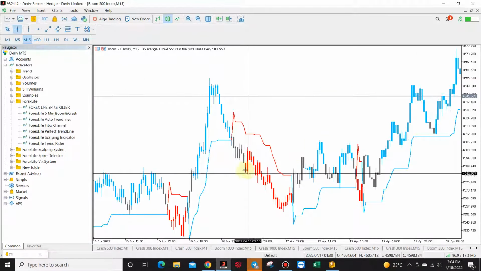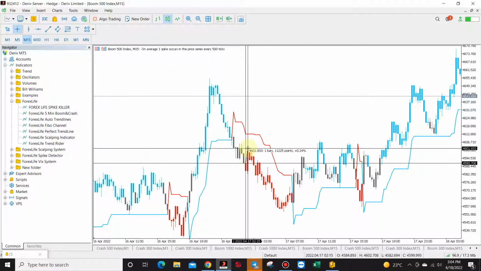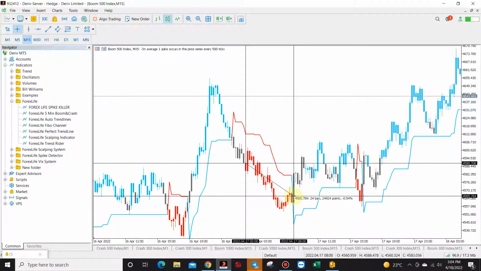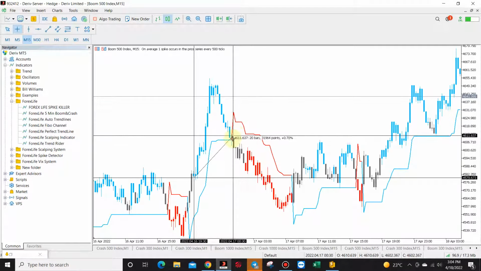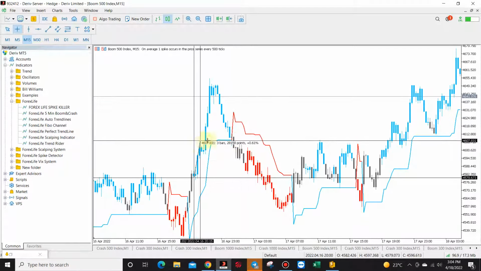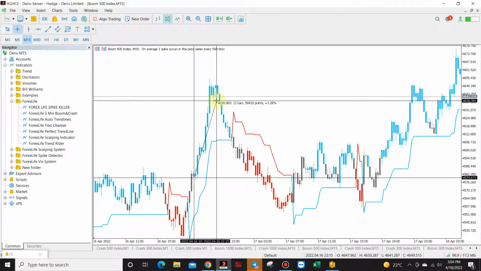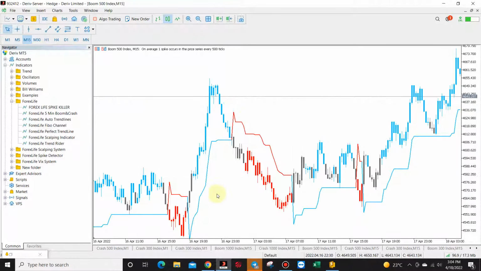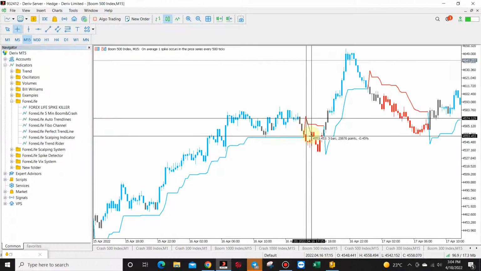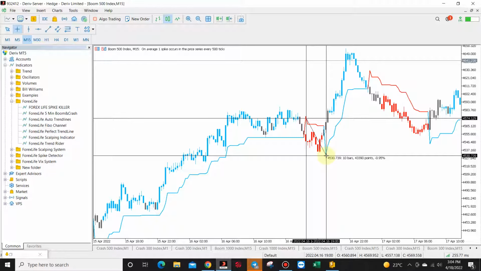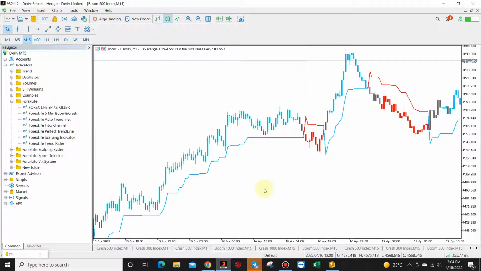So over here we could have caught the sell, entered over here, some drawdown, and then profits. Here we could have entered a buy and taken profits over here. So we would have just caught that initially, but if you keep adjusting your stop loss into profits, of course you would have ended up with more profits. Always secure your profits. This is a very short sell over here that you would have caught.